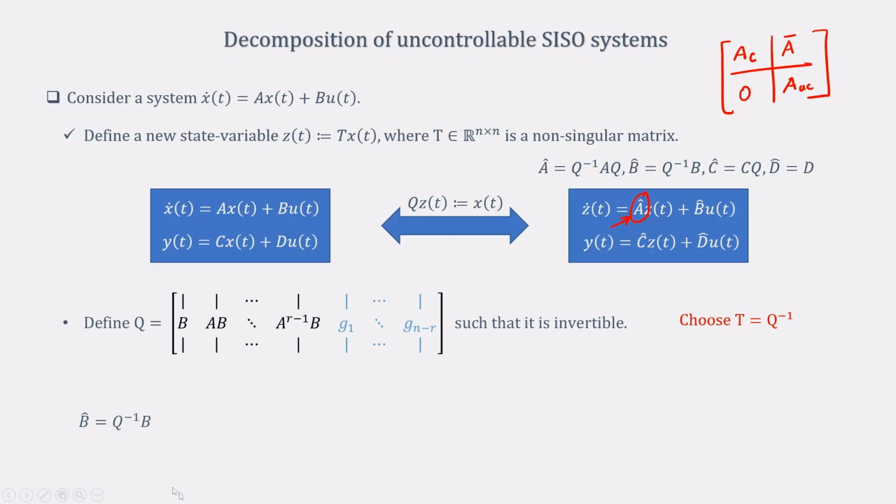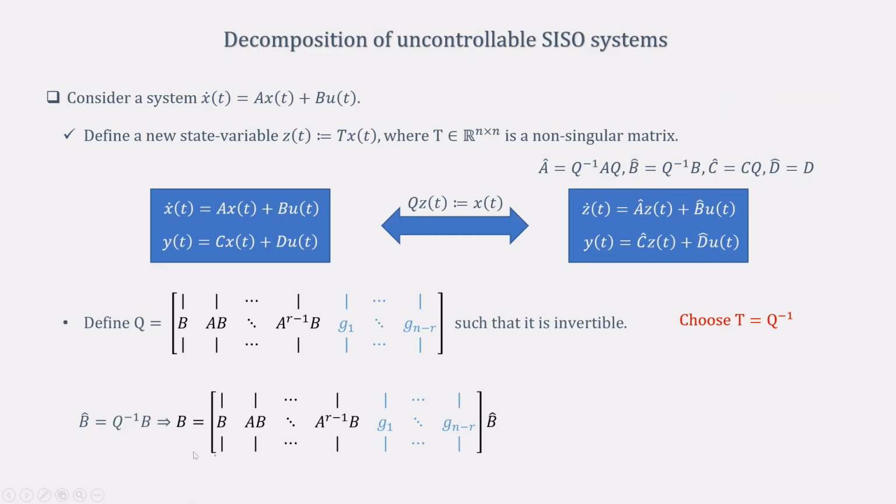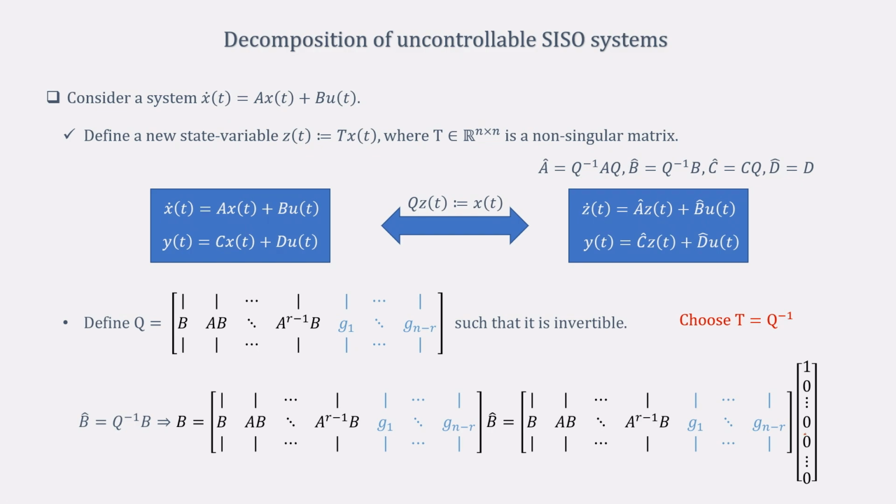So, we can write Q B hat equal to B. Now I just have to find out what B hat will be, and since on the left hand side we have B, I just have to pick out this column. So, which means B hat should be 1 0 0 this. Here I can consider this to be an R cross 1 vector, and this is an n minus R cross 1 vector.